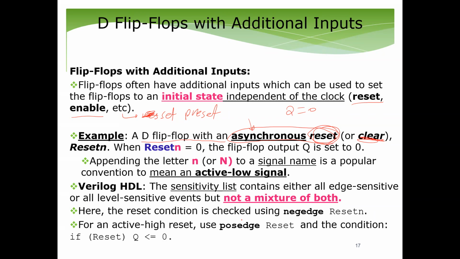Now if you're using a synchronous reset معناه انه if reset is active, it needs to wait for either the positive edge or the negative edge of the clock depending on your flip-flop to apply that reset. Okay, now this is very important to understand. عندنا synchronous وعندنا asynchronous.